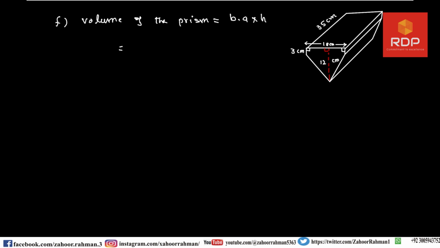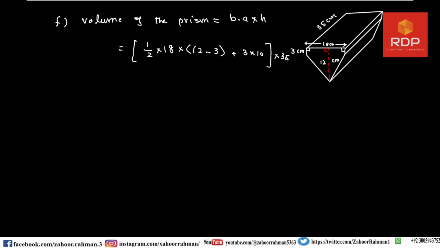Let me write 1 over 2 into 18 into 12 minus 3, and then we are writing plus 3 into 10, and then multiplied by 35.